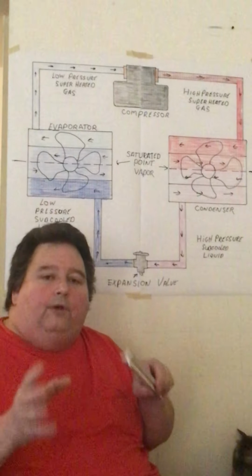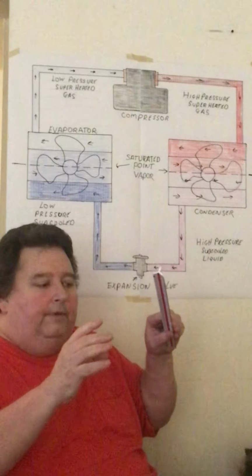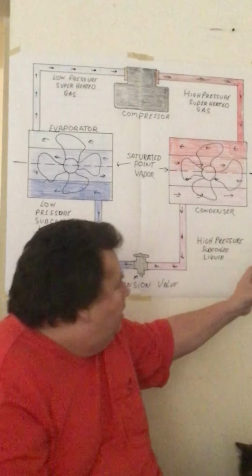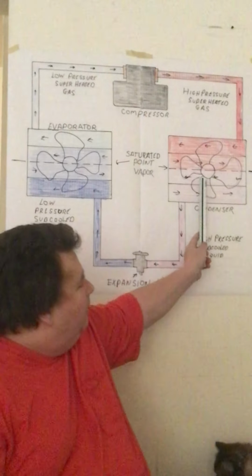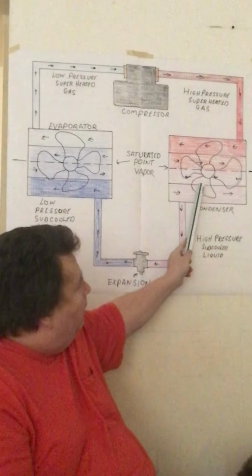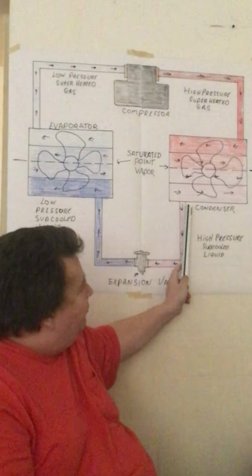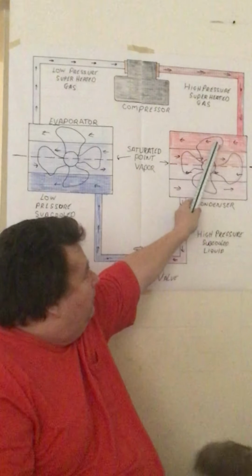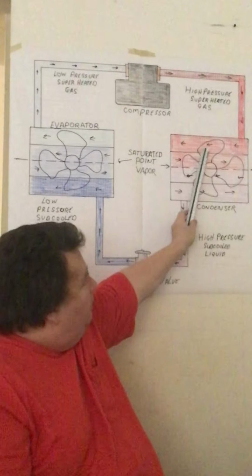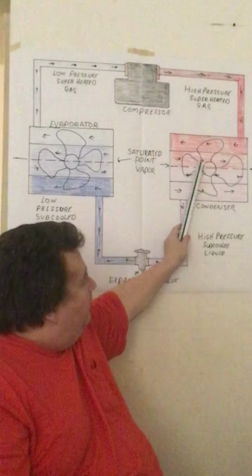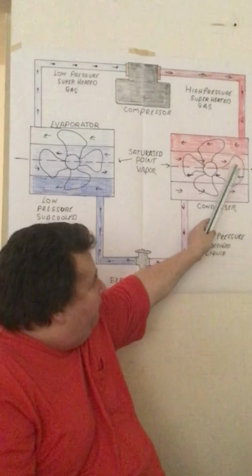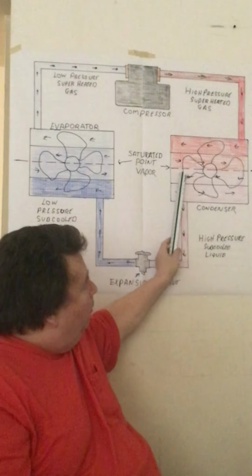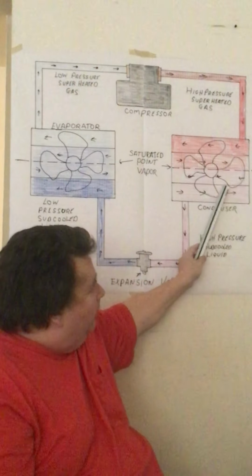The reason you do that is so you have full liquid coming out of the condenser. You have superheated vapor coming in, it'll condense and boil off, and with subcooling it'll become a liquid.